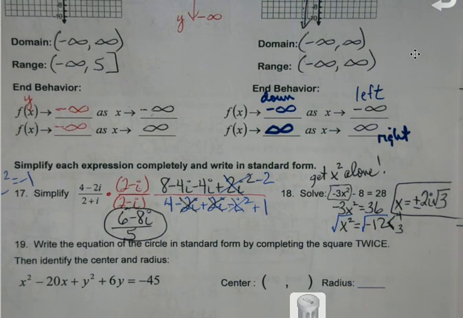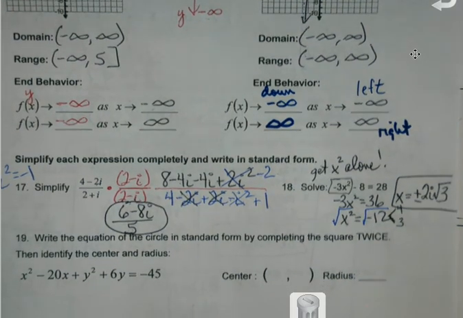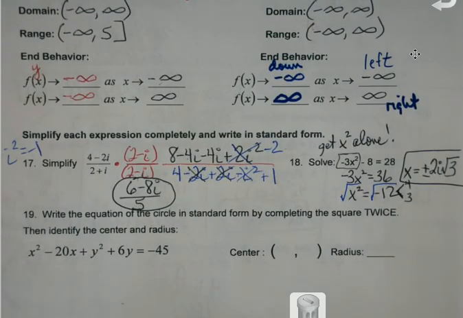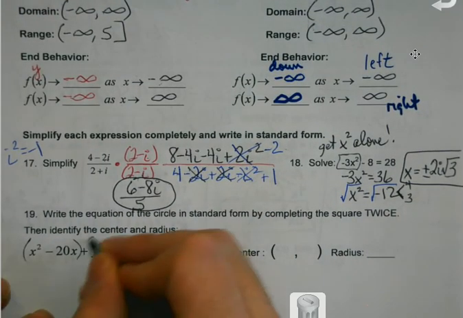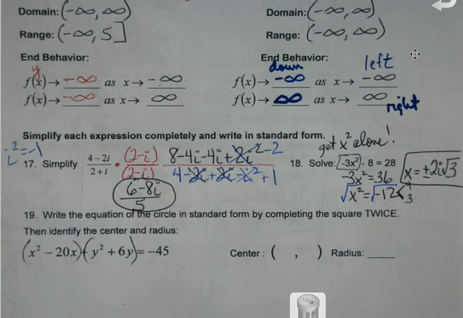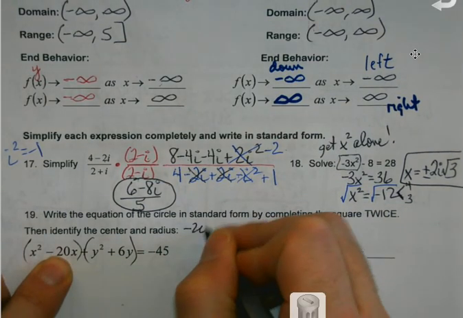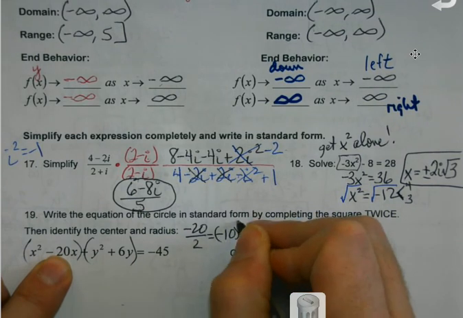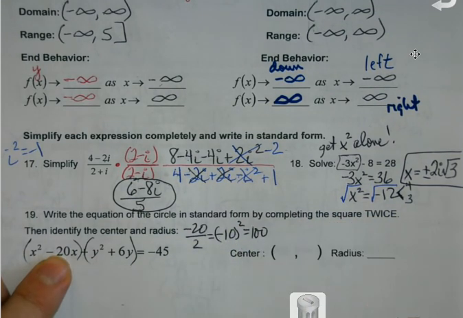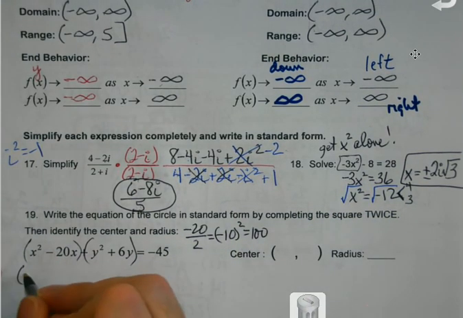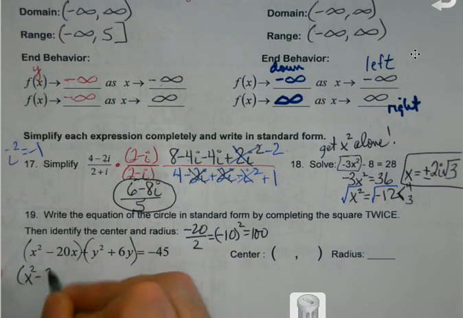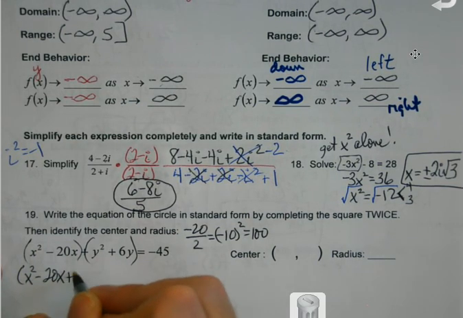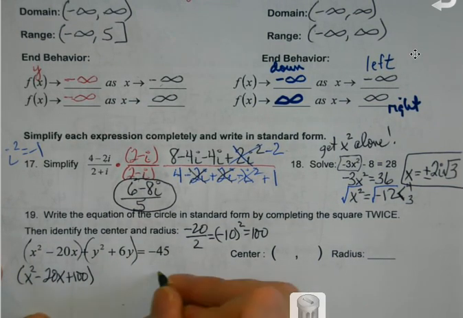And finally, write the equation of the circle in standard form by completing the square twice. Okay, we're doing each of these on their own. The only thing to remember with this, b divided by 2 and square it. So here, that gives me x squared minus 20x plus 100.